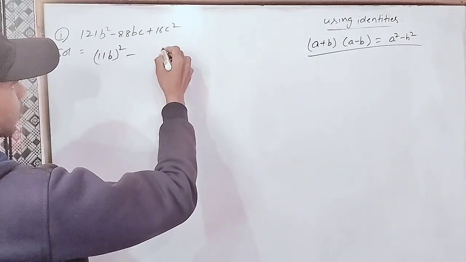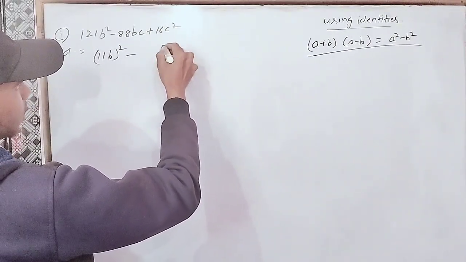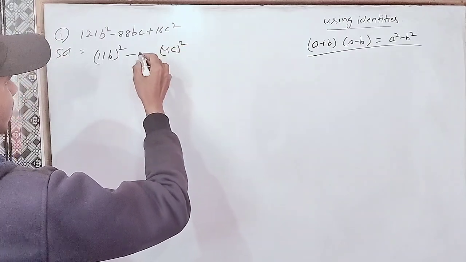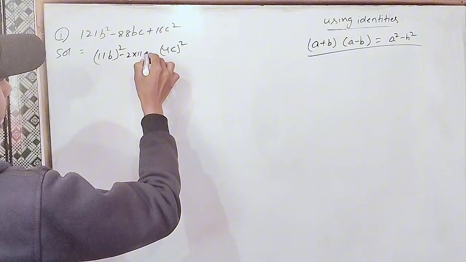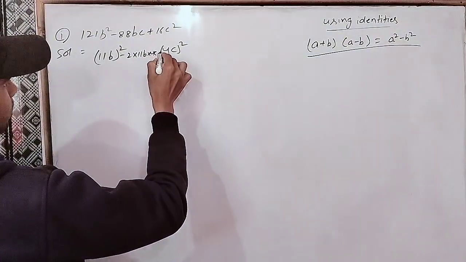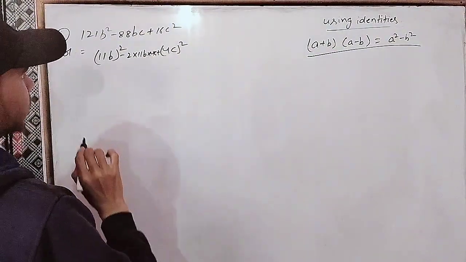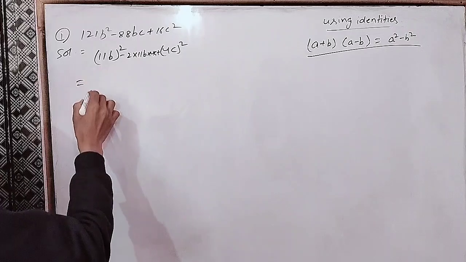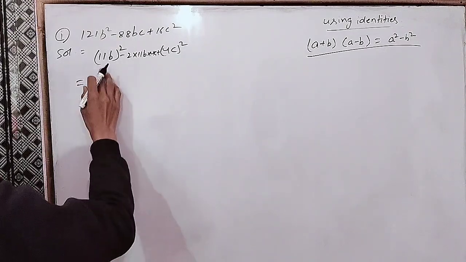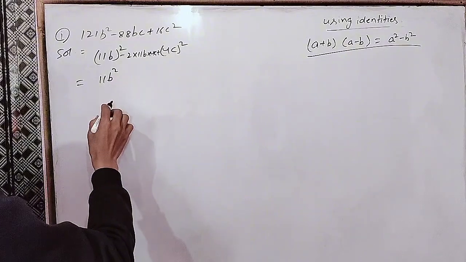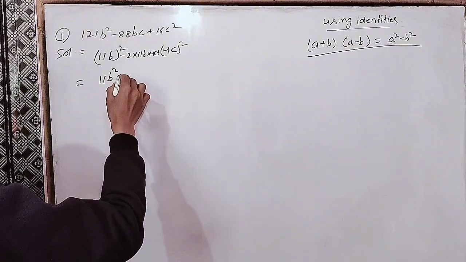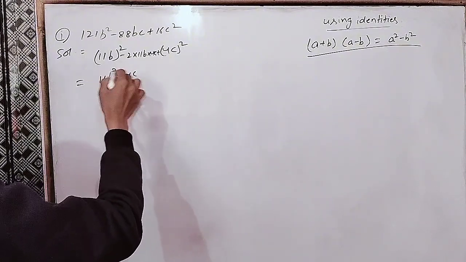4 times 4 can be written like that. Then we have to multiply 11b by 4c. This is a clear. And then we have 11b square, and we have 4c square.